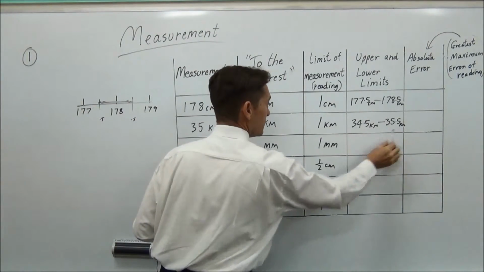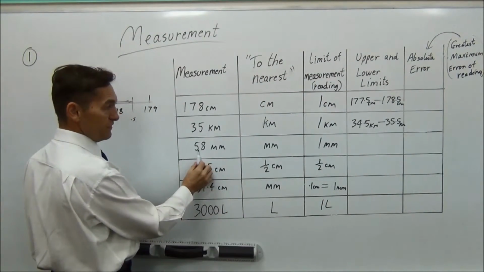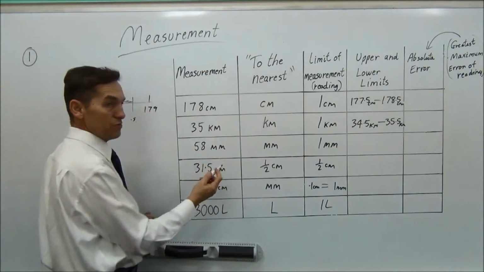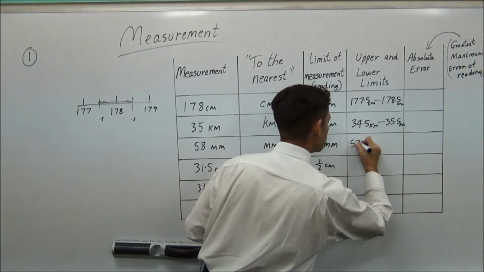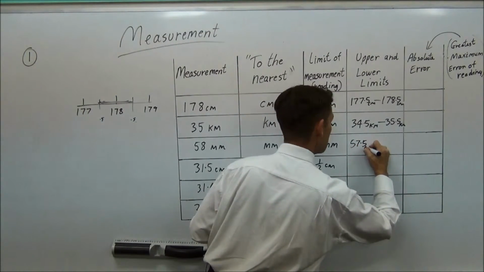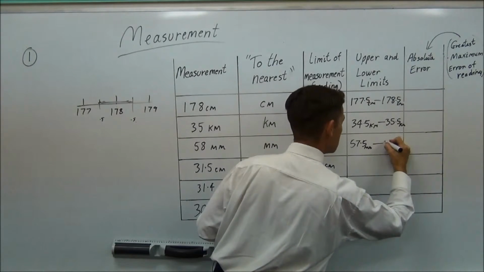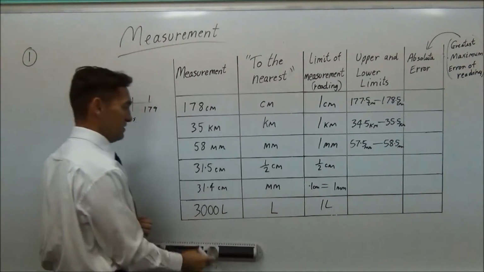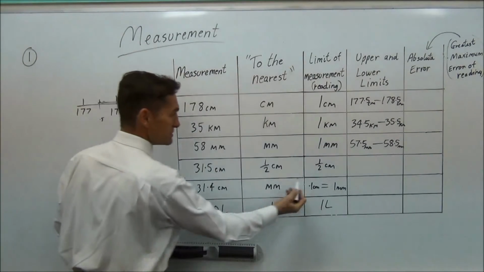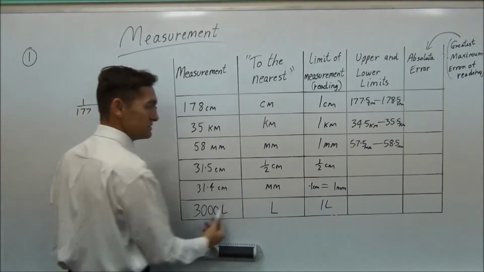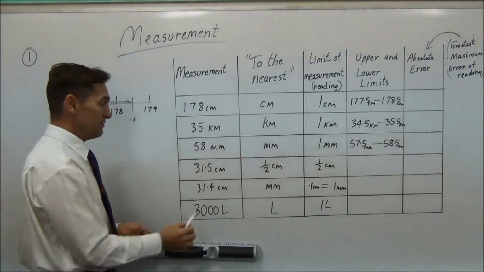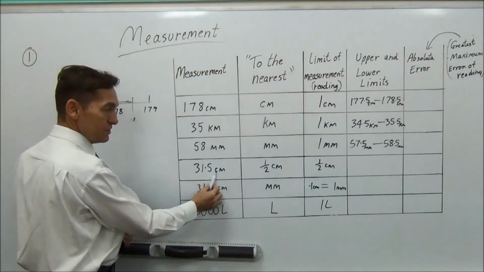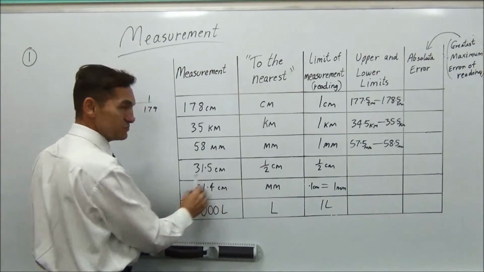So that's regarded as the limit. So that's a half. So 58, 1 millimetre, pretty easy. 57.5 millimetres up to 58.5 millimetres. I've probably already done the next one. So half, okay? So this time instead of 0.5, it's going to be 0.25. You're going to add and subtract either way.